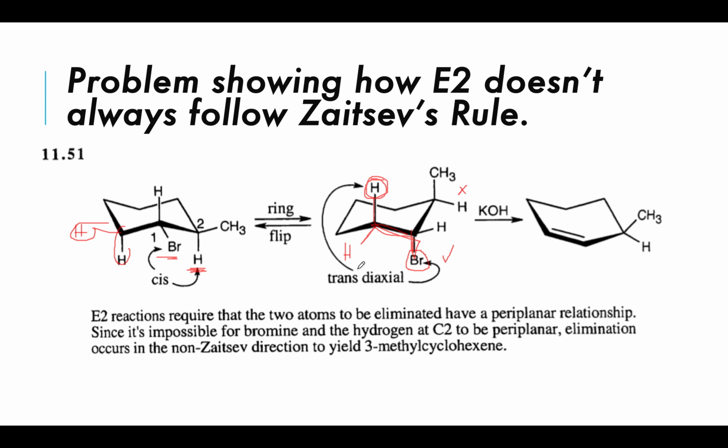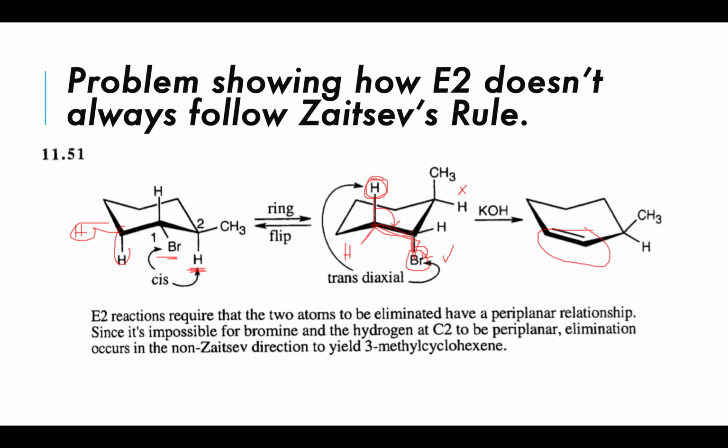So this will go here, this will go there, and now you get my alkene. So again, the most important thing for an E2 is to be able to get that anti-coplanar, anti-periplanar arrangement.